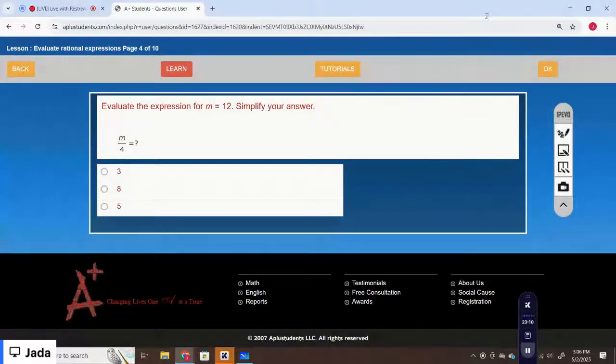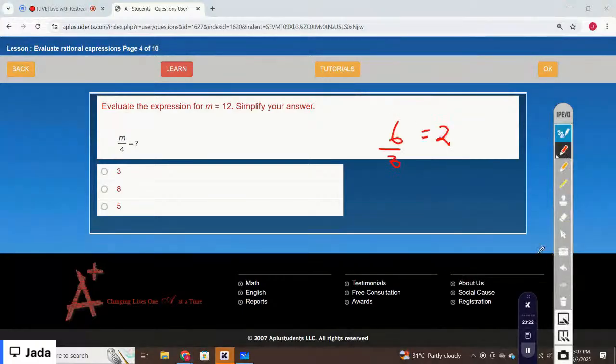Evaluate the expression for m equals 12. So just replace the variable with a value. That is m over 4, that is 12 divided by 4. So 12 divided by 4 is 3.